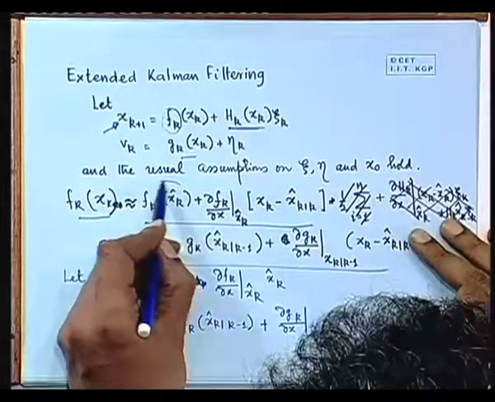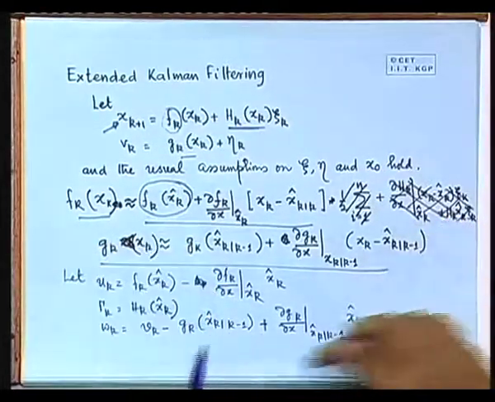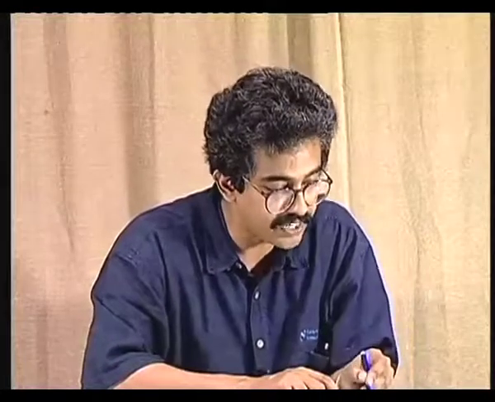What we are doing is trying to linearize the actual model around my last estimate. So I have obtained an estimate x hat k given k at any point. The true state is somewhere close, I do not know where. So I am trying to find a linear approximation of the true state around my estimate. Normally you linearize around x naught, u naught, so you linearize about an operating point. In this case the operating point is my estimate.